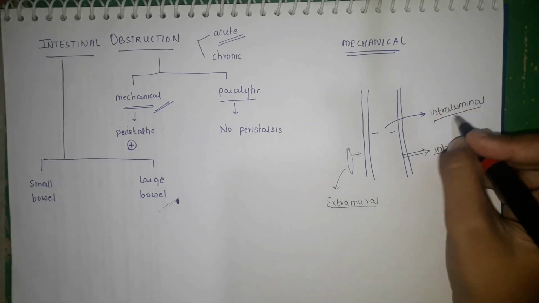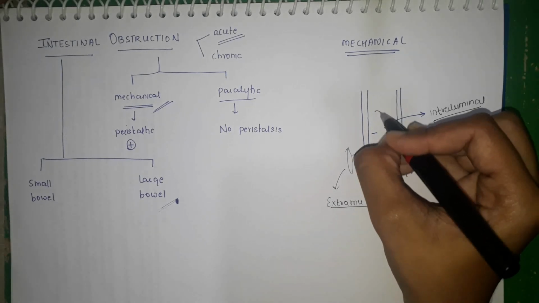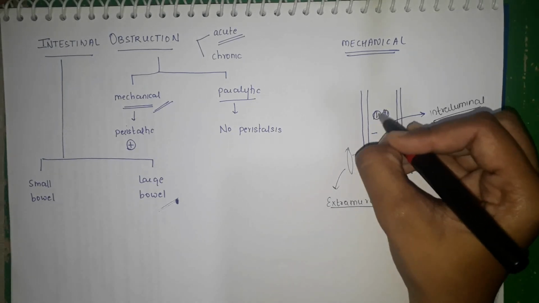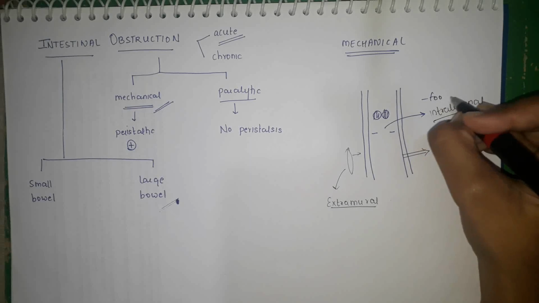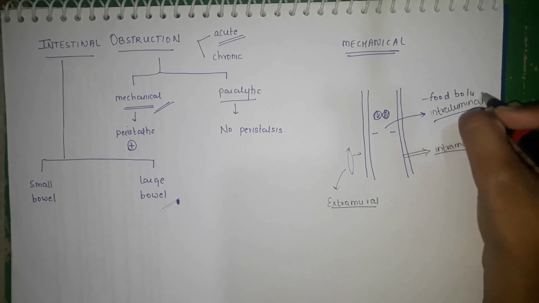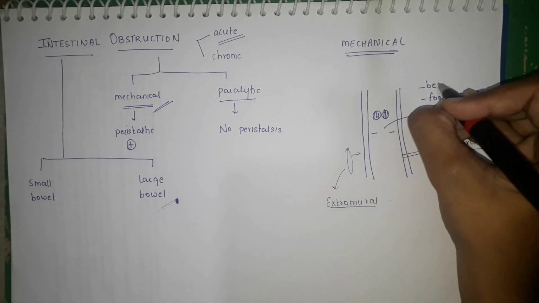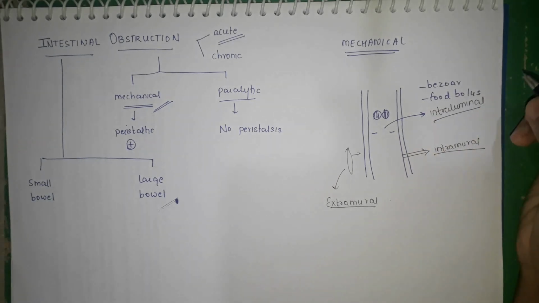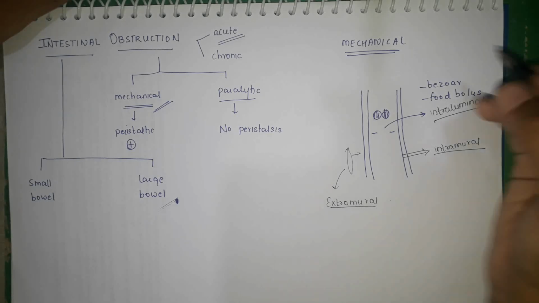So coming to intraluminal, it can be anything which is present inside the lumen. It can be food bolus which is undigested and has got stuck there, or it can be bezoars, that is trichobezoar and phytobezoar. Tricho is where there's hair particles and phyto is where there's undigested fiber and plant food particles.